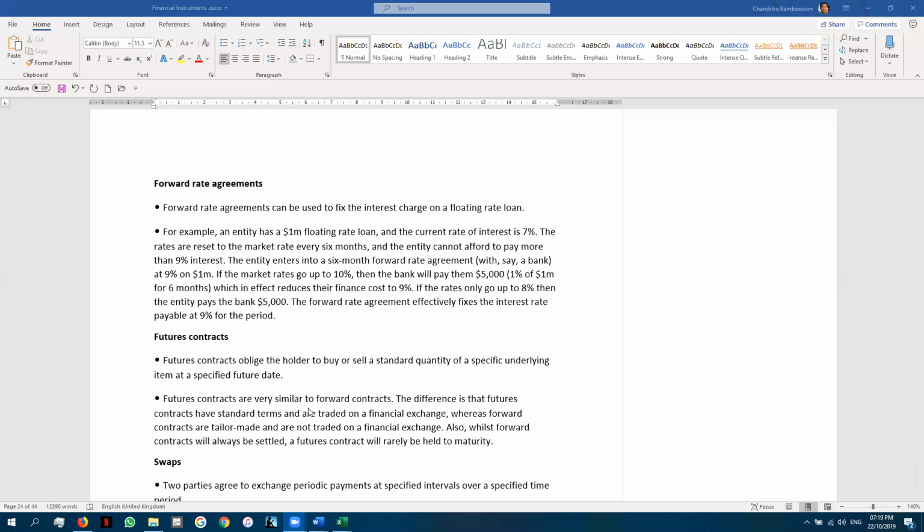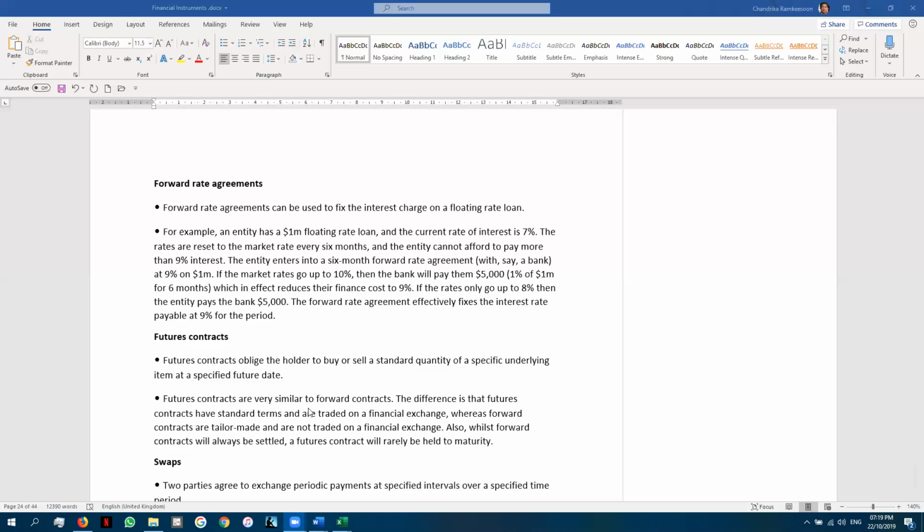In a similar way, an entity may enter into a forward rate agreement without the intention of borrowing or depositing. There is no loan or deposit, simply to make money from movements in rates. In this simple transaction shown, the $5,000 received means that things worked out well for the speculator.